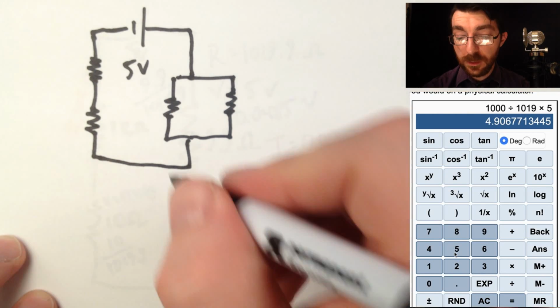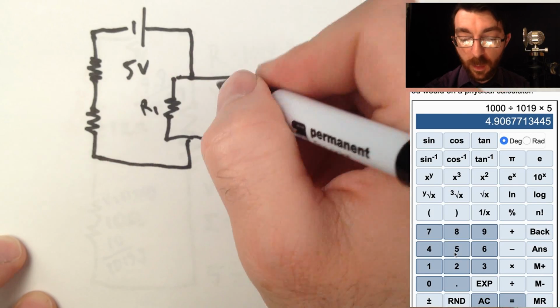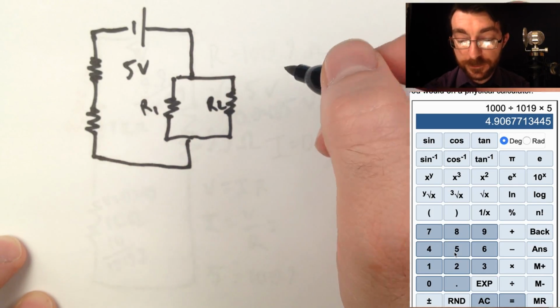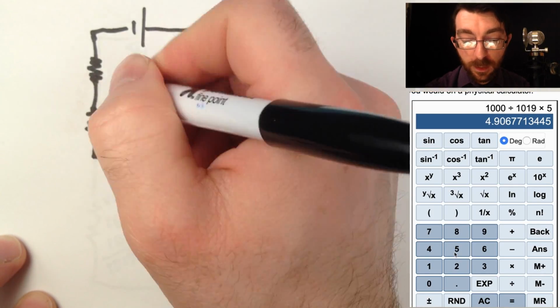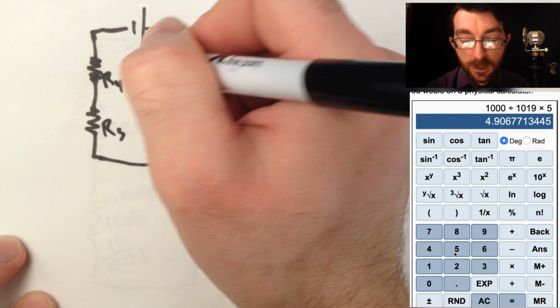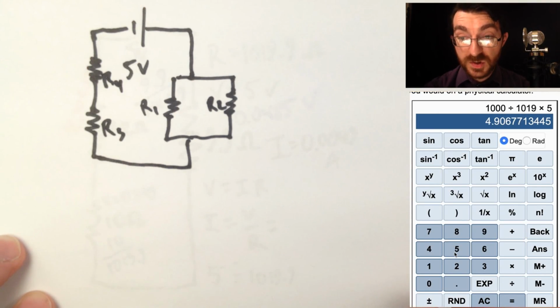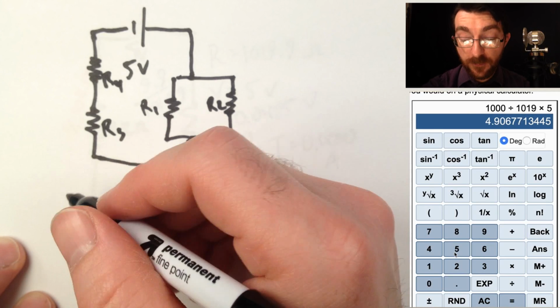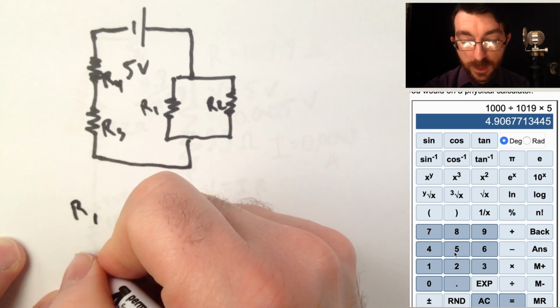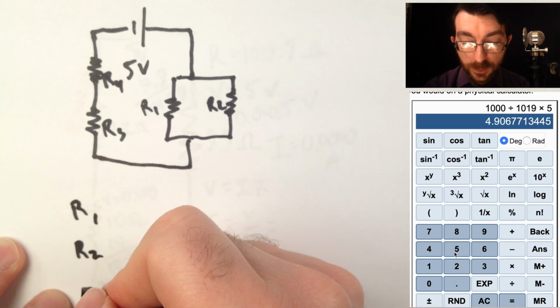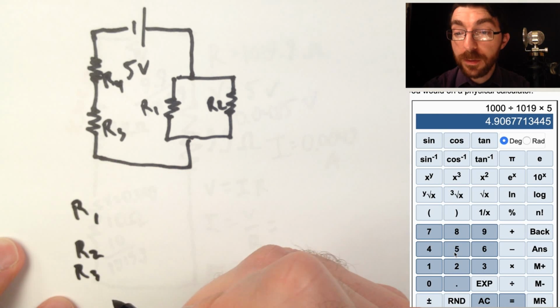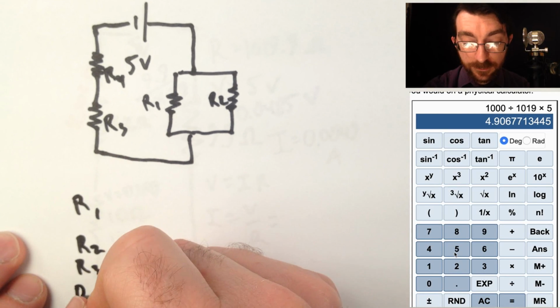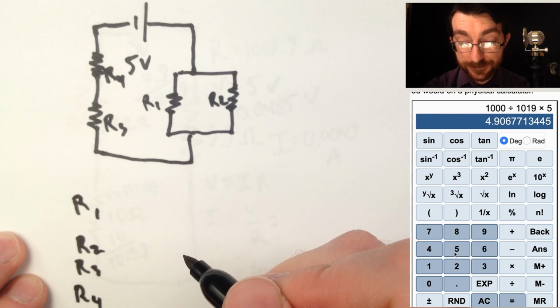I'm going to label these R1, R2, R3, and R4. Down below, I should have 4 resistors, R1, R2, R3, and just barely in the frame, R4.